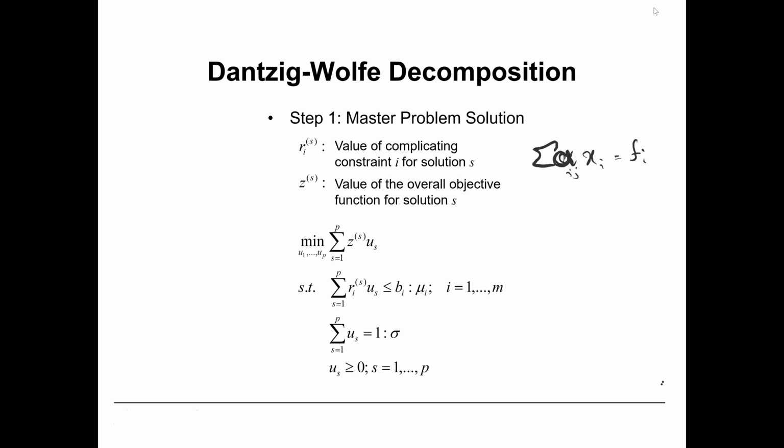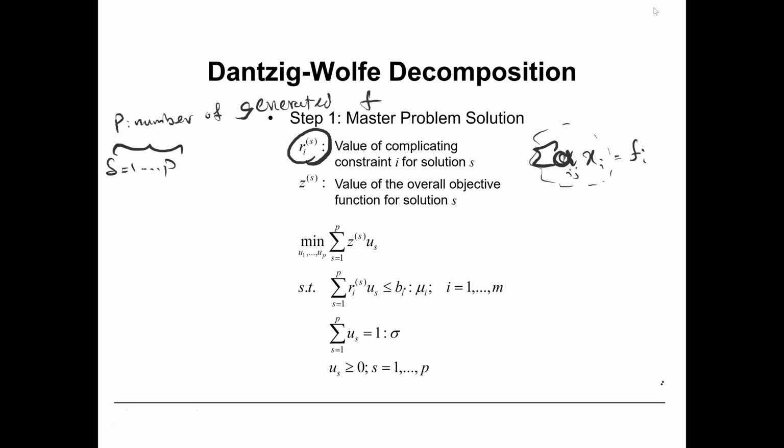When we say value of complicating constraint I, we want to evaluate this at the current solution, and we call that R sub I S. This is for solution S. S can be any value from 1 to P, where P is the number of generated feasible solutions.